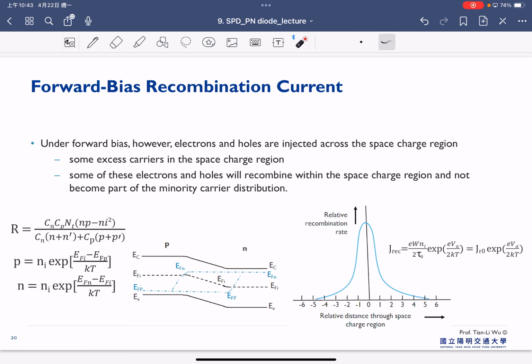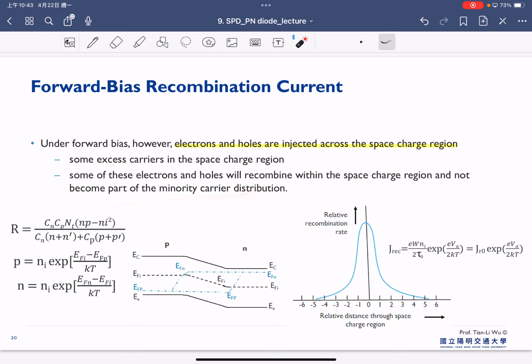So under the forward bias, the electrons and holes are injected across the space charge region. That's something we already know. So some excess carriers in the space charge region, some electrons and holes, will recombine within the space charge region and not become part of the minority carriers here.